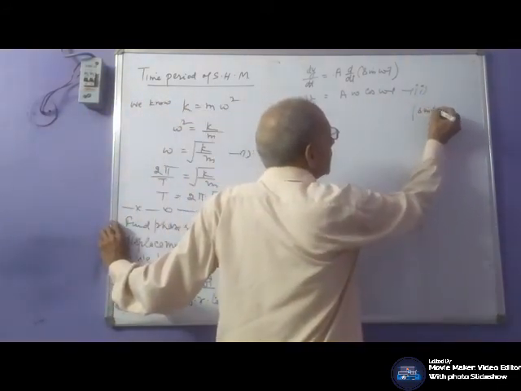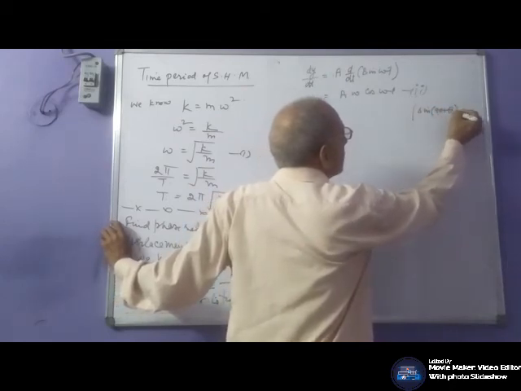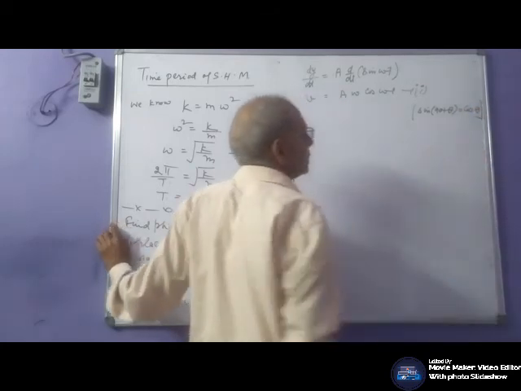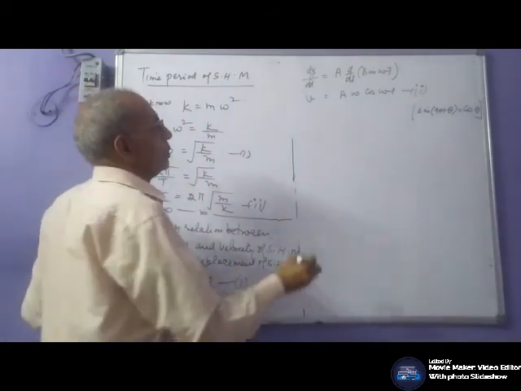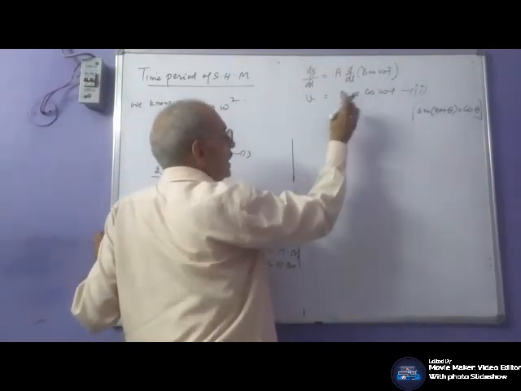Sin 90 plus theta is cos theta. Plus should be there, sine should be there, then we will get phase.